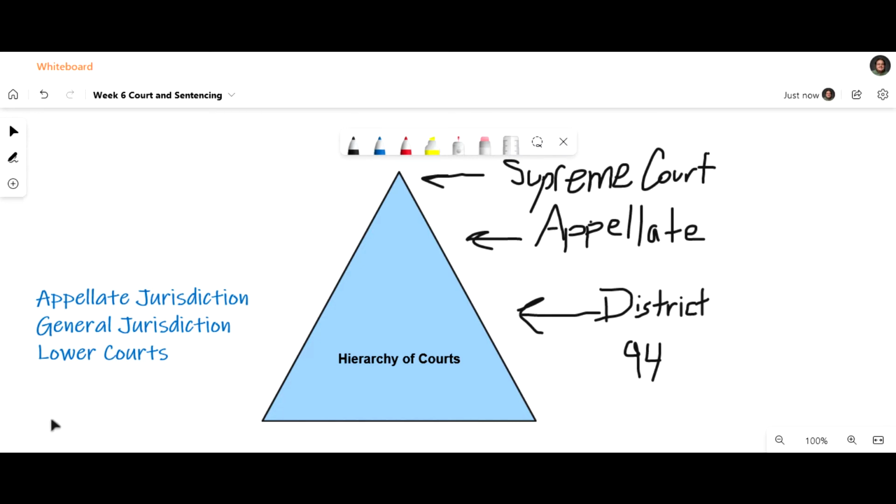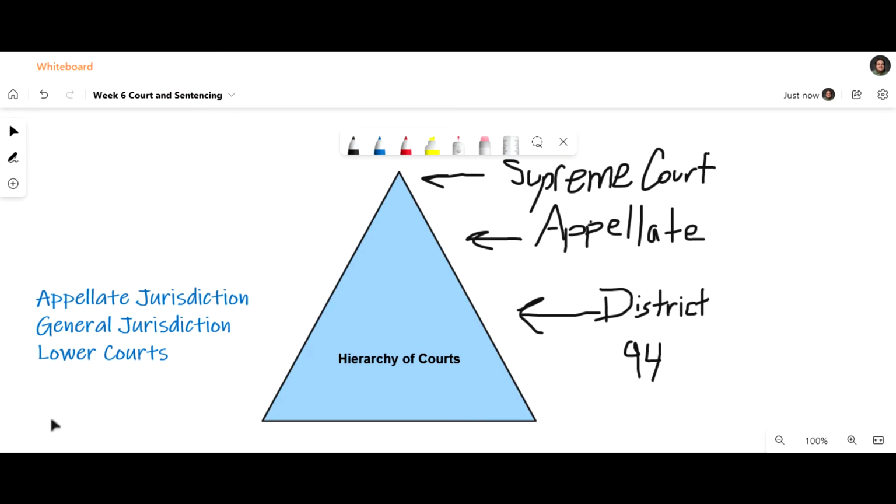This is traffic violations and misdemeanors, mostly. Obviously, they can handle some more serious cases, but you tend to get a fine, a slap on the wrist, or you go to jail for less than a year. They can deal with preliminary matters on larger criminal cases, but typically they tend to be misdemeanors.